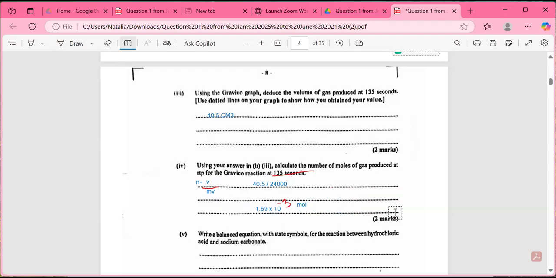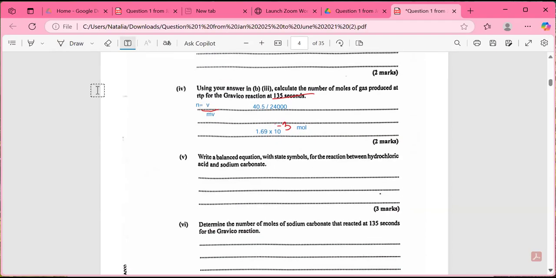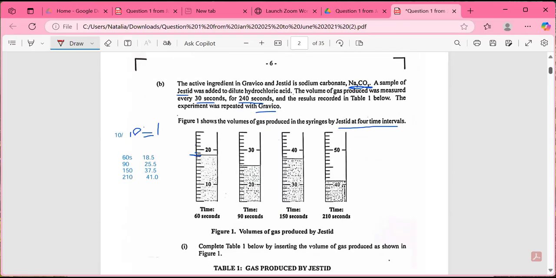Write a balanced equation with state symbols for the reaction between hydrochloric acid and sodium carbonate. So sodium carbonate is Na2CO3.